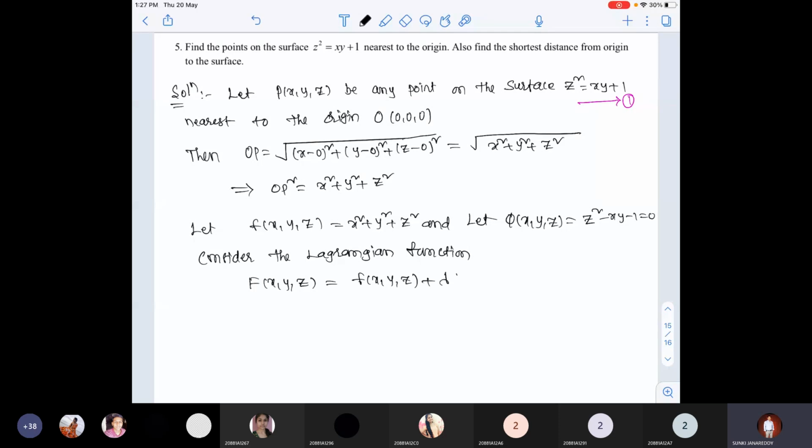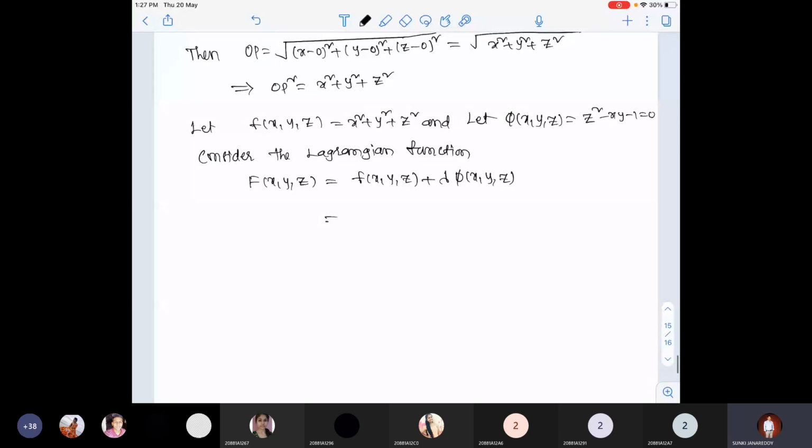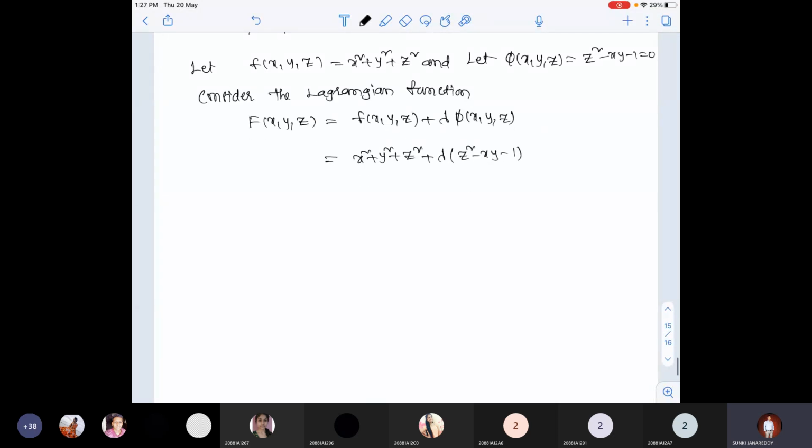What is the next one? Next step, tell me. Here x square plus y square plus z square, plus lambda into z square minus xy minus 1. Okay, now it is a Lagrangian function or auxiliary equation. Here what is given in the problem?